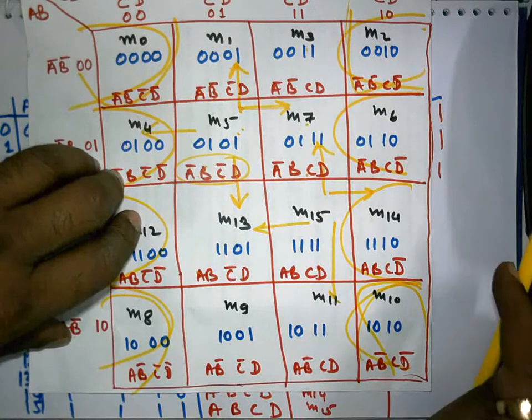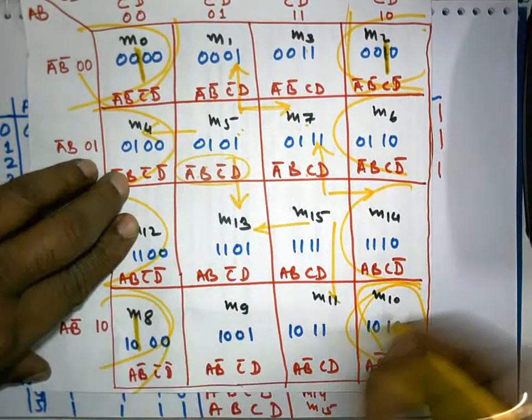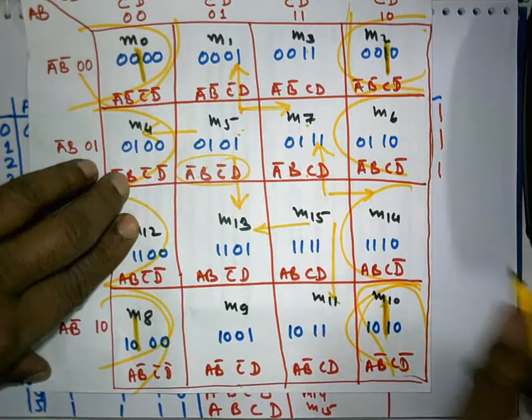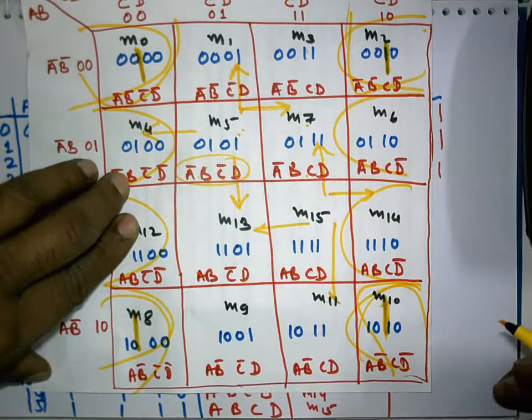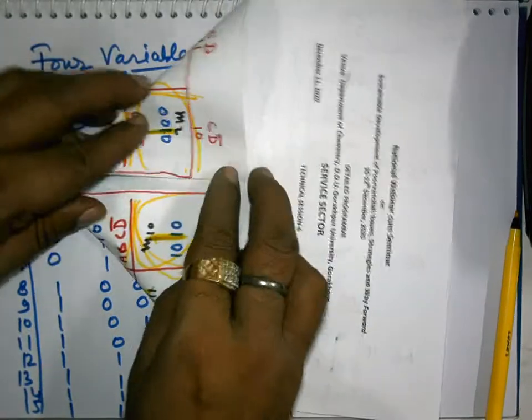They can form a group. If one is occurring over here, one over here, one over here, one over here, they can form a group of 4 ones. How? Simply you fold this map like this.